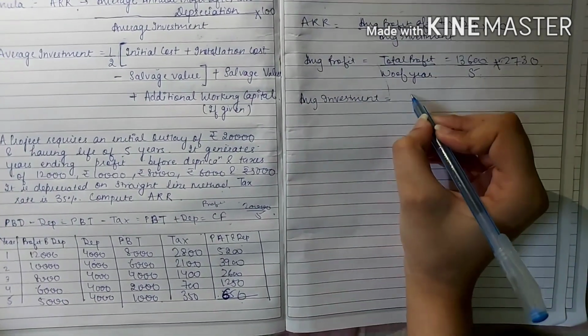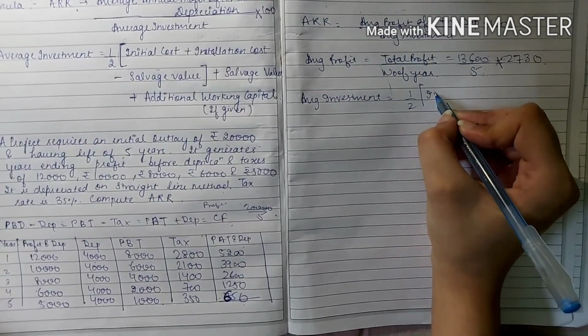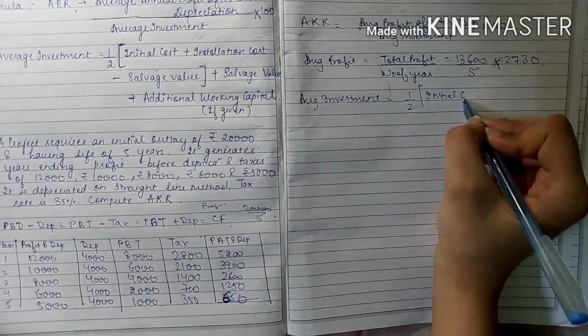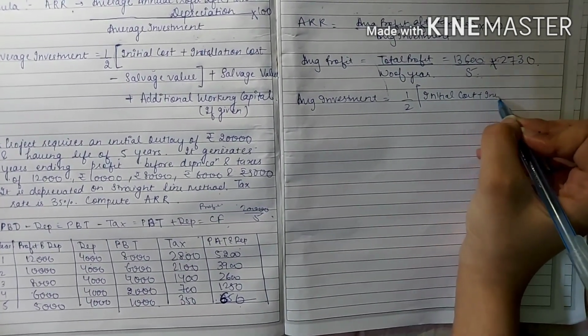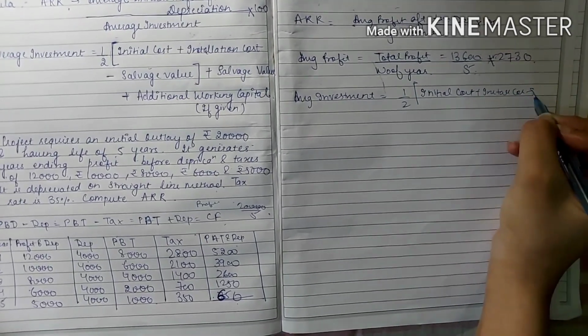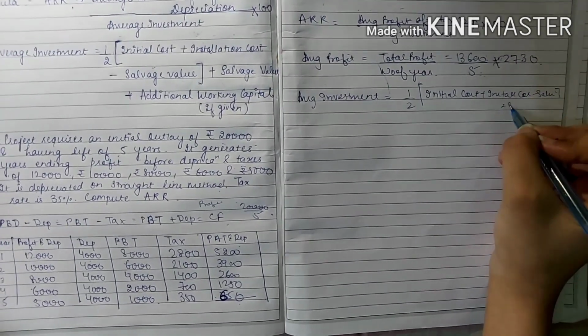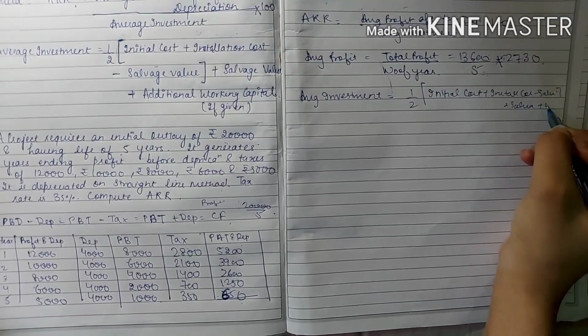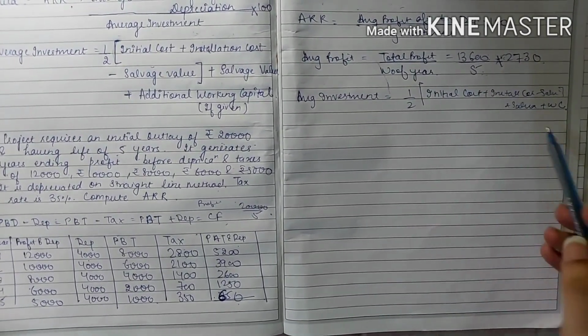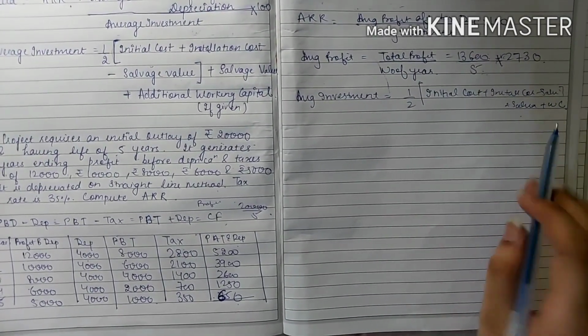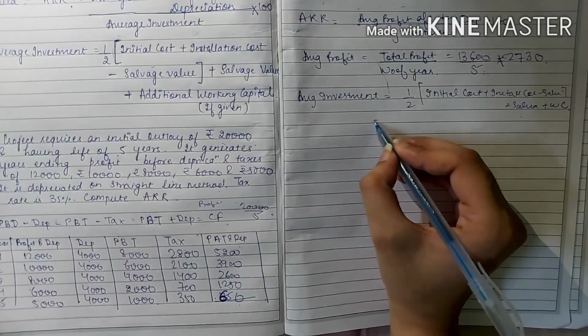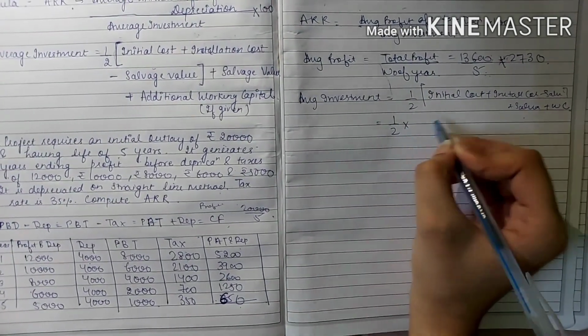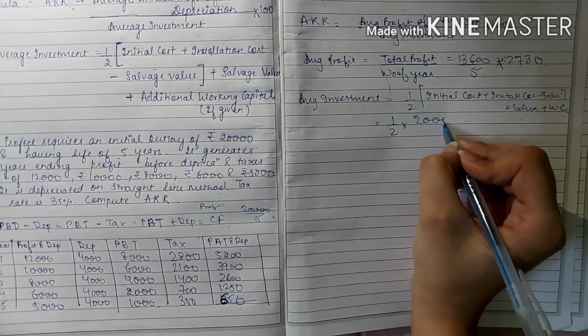So the formula for this is half bracket initial cost plus installation cost minus salvage value plus salvage value plus working capital. Here nothing is given to us, neither the salvage value nor working capital. So our average investment will be half of the investment cost, which is rupees 20,000.